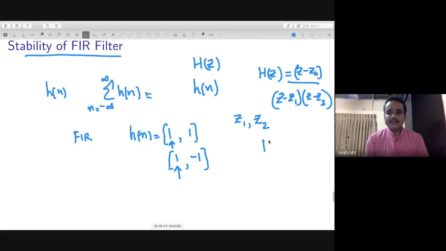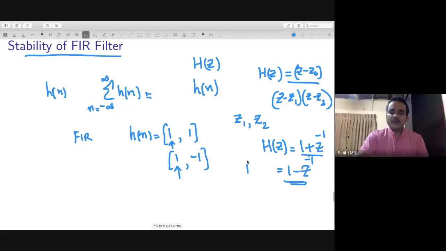Okay, before that, let us see H(z). H(z) is 1 plus z inverse. The FIR filters that we have seen, H(z) is 1 plus z inverse and 1 minus z inverse, the two FIR filters. Do they have any poles or do they have any zeros?